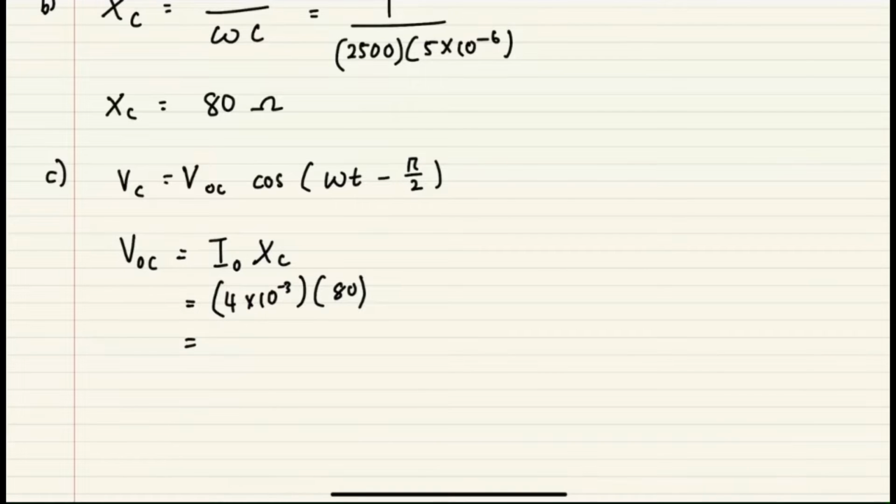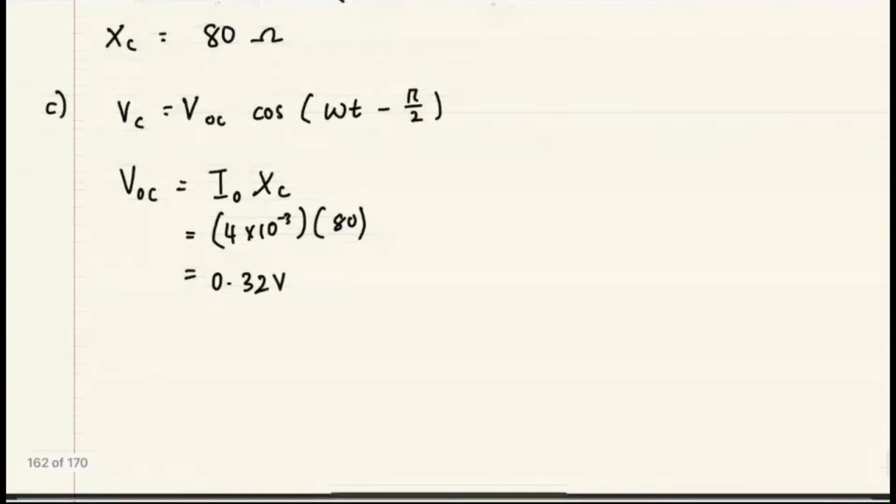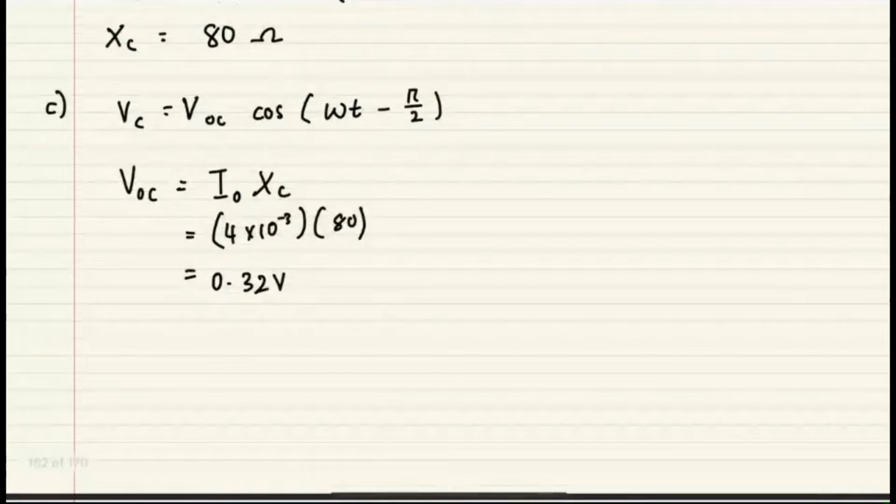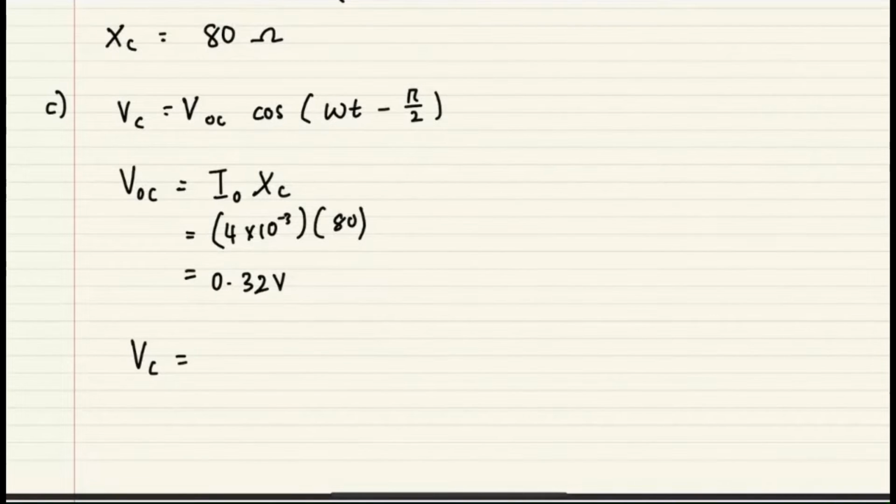So here it is 0.32 volt. Okay, so just substitute back inside that general equation. So VC equals V not C, which is 0.32, cos omega, which is 2500 t. Oops, don't forget the minus pi over 2.